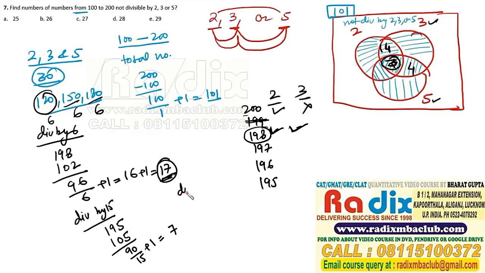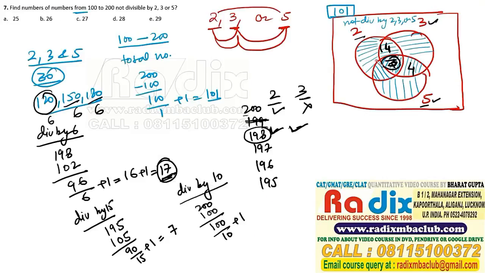Now we will check divisibility by 10, that is 2 and 5. Last number would be 200, first number 100, their difference is 100 divided by 10 plus 1, it is 11. 3 is already counted, so we'll write 8 here.